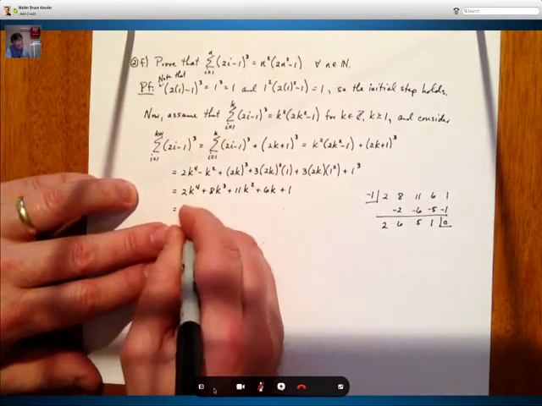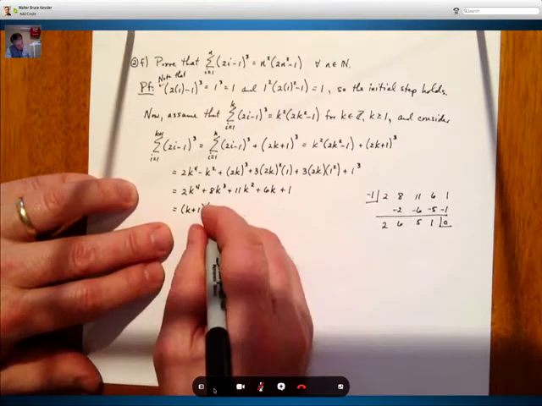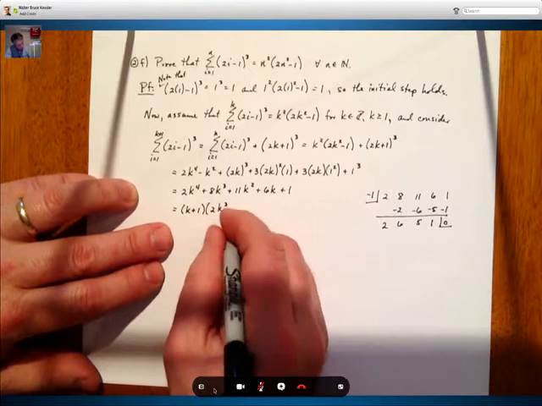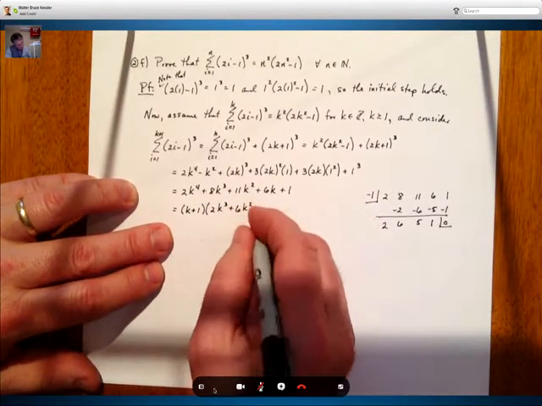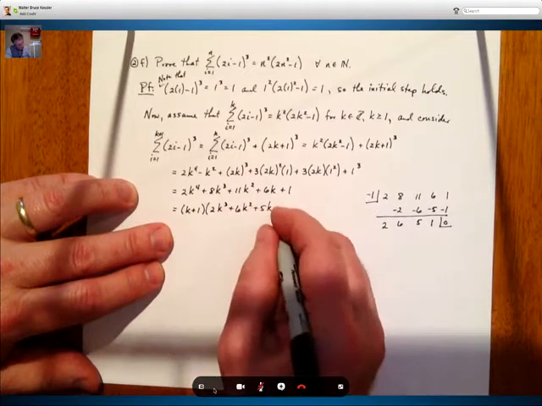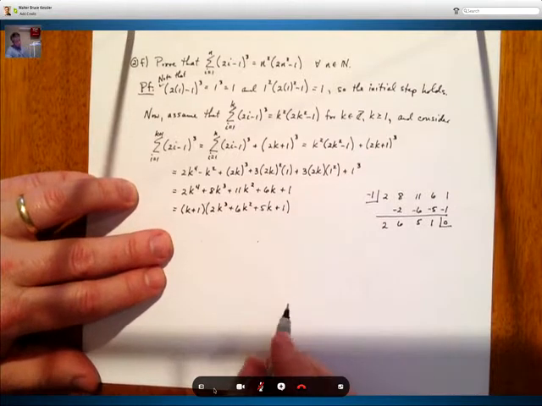You get a 0. And so this then is equal to k plus 1 times, and you lower the degree. This is now 2k cubed plus 6k squared plus 5k plus 1.